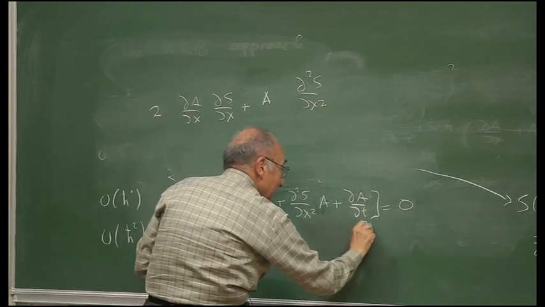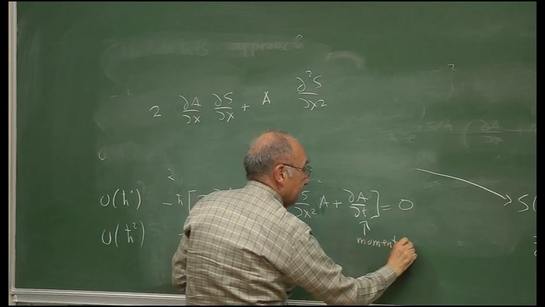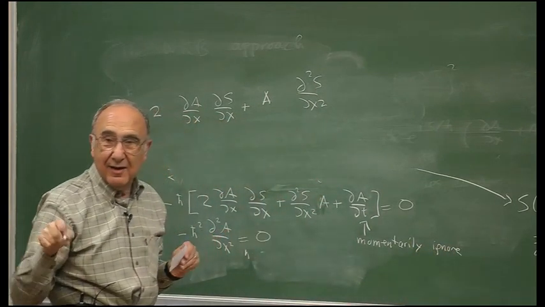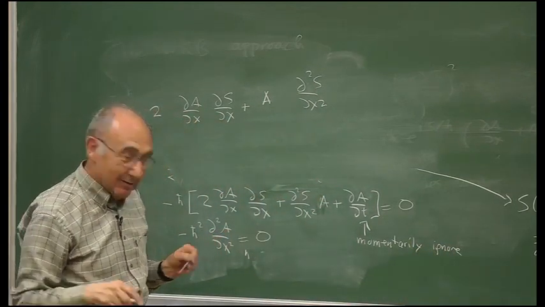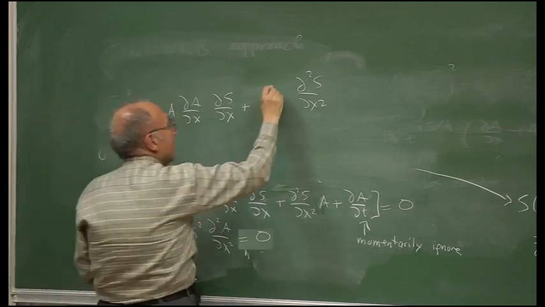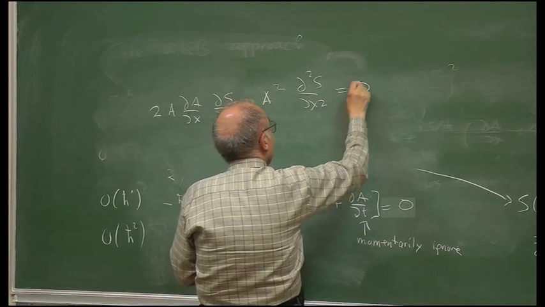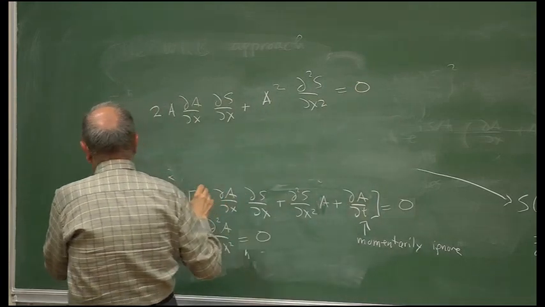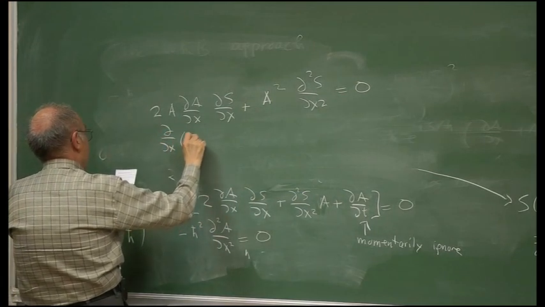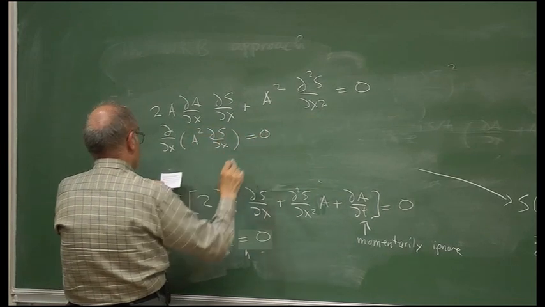And momentarily, I will ignore this, with a justification for it coming later. I'll multiply this by an A, which happens to be an integrating factor. And this will give me d by dx of A squared dS by dx is equal to 0.